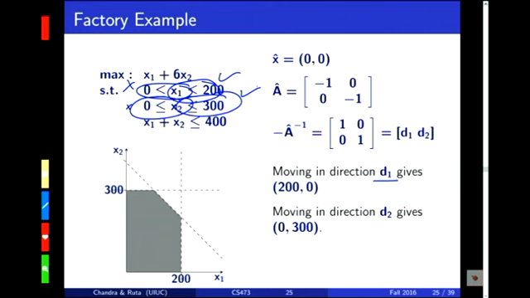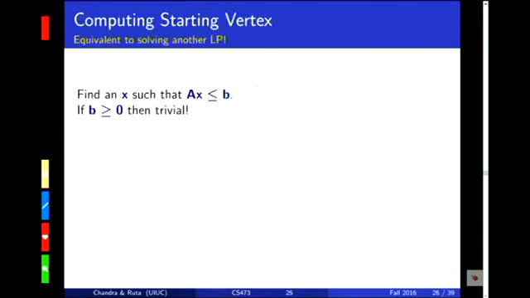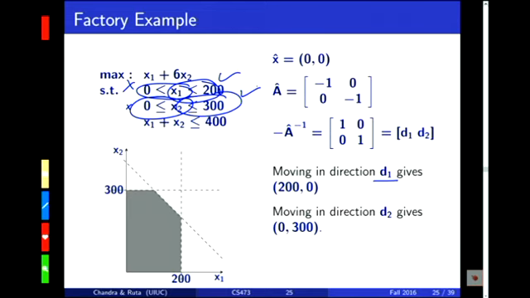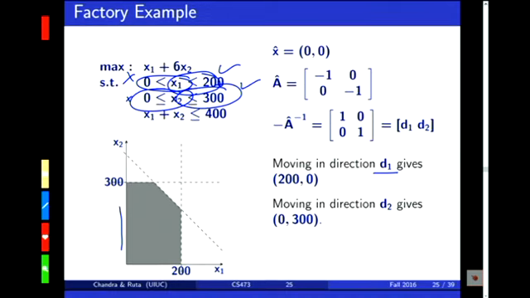Okay, now, suppose I take this direction. So both of them are improving directions, right? Because at 0, 0, the objective value is 0. What is the objective value at 200, 0? 200, right? What is the objective at 0, 300? 1800. So suppose I take a better one.